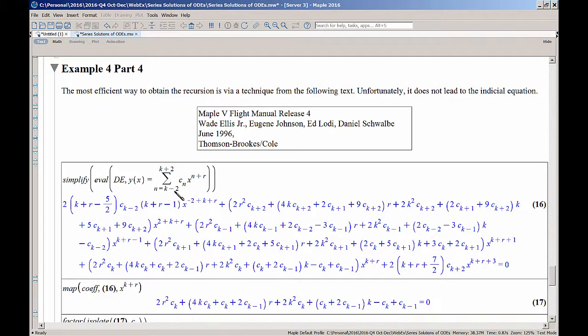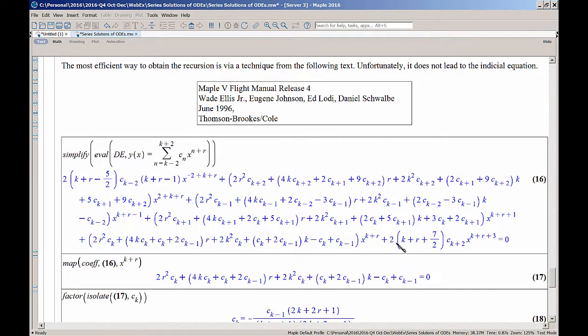So here it turned out that if you go 2 to one side, 2 to the other side of n plus r, so the general term would have a k in it, you back 2, go forward 2, put that into the differential equation, and a simplify brings all of the powers of x together. So you get an x to the k plus r, and you don't get stuff spread all around.